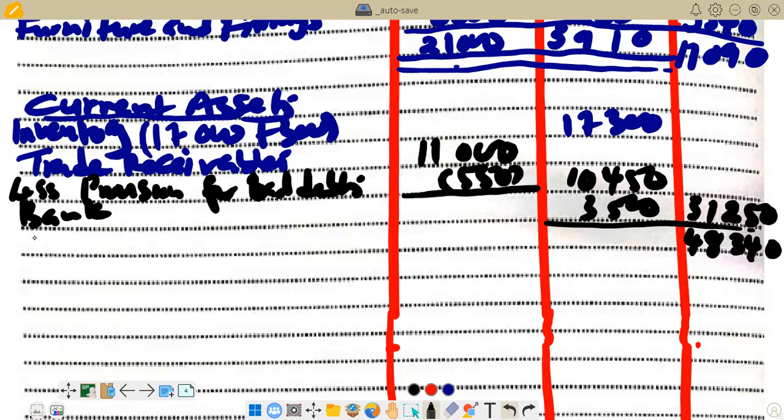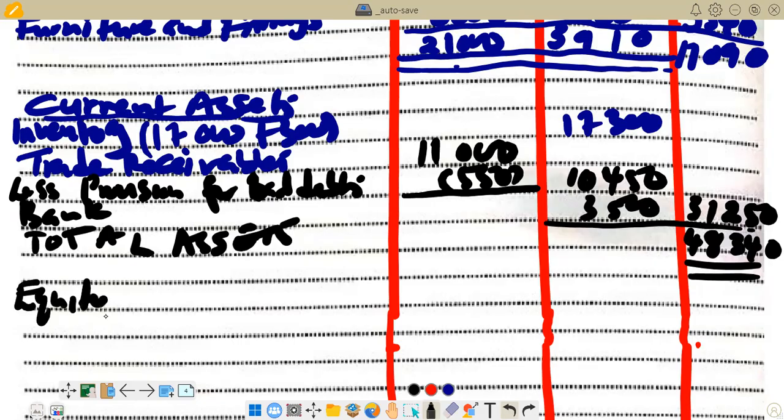So this figure represents total assets. So this becomes our first balancing figure. Then we go to the second part of the question, which is the equity and liabilities section.